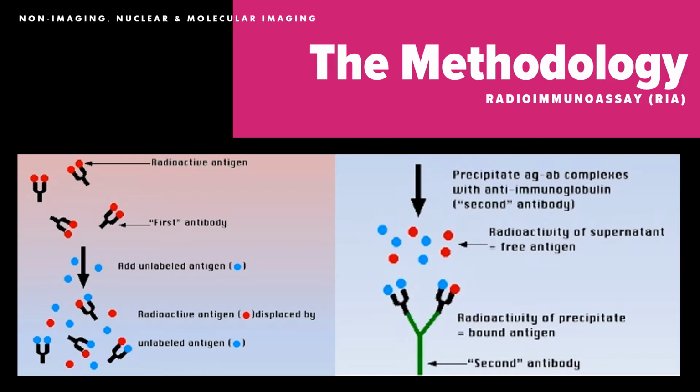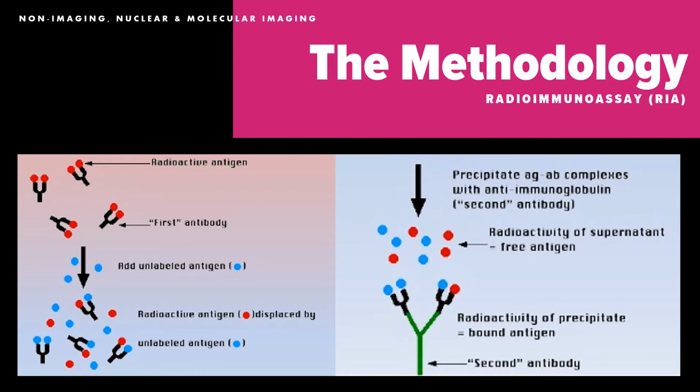So usually you have an antibody with the antigen that has already been radiolabeled here, and then you add the unlabeled antigen. So usually with your unknown sample, you don't know how much antigen is available in the sample, so you add it into a solution that has this labeled radioactive antigen, and then what happens here is they will start to compete.